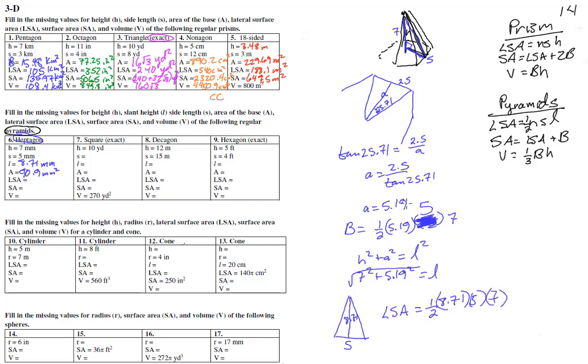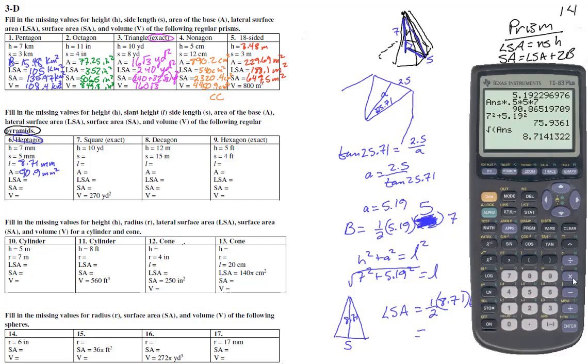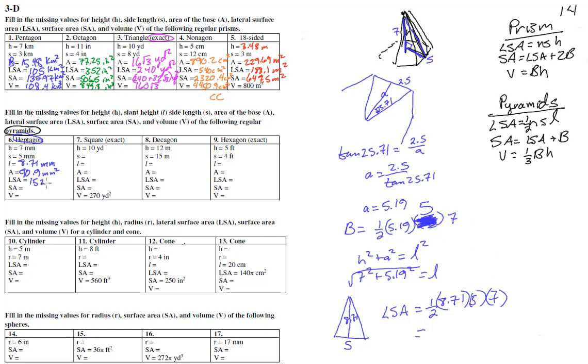You'll notice it's the exact same thing we had up here, but here we were measuring the 7 triangles by their apothem, and now we're measuring by their slant height. And so let's punch that in. Times by 0.5 times 5 by, that's the slant height, times the side length, times 7. And the 1/2 was because we're in a triangle. So that gives us 152.5, LSA, 152.5, and is millimeters squared.